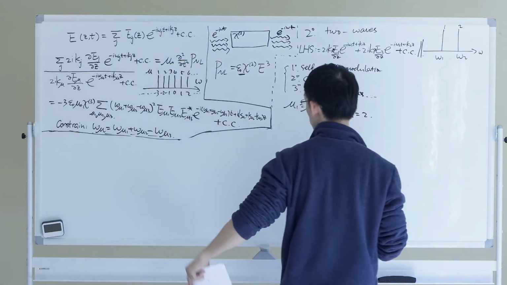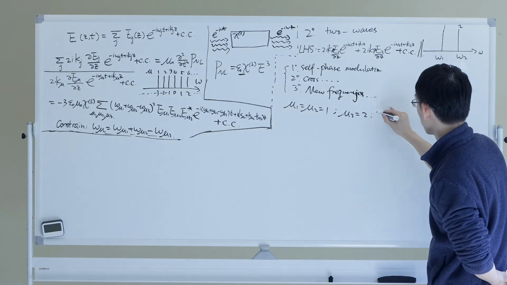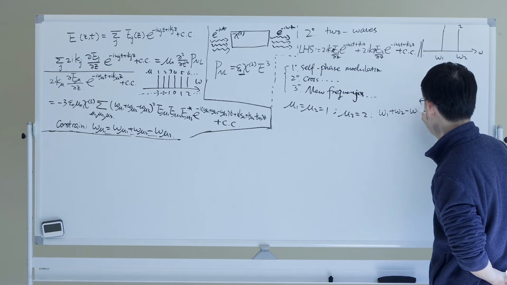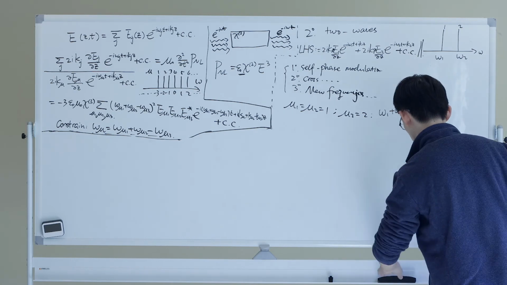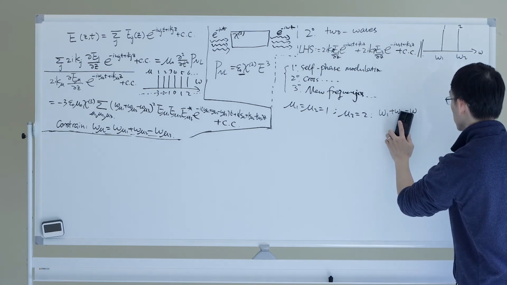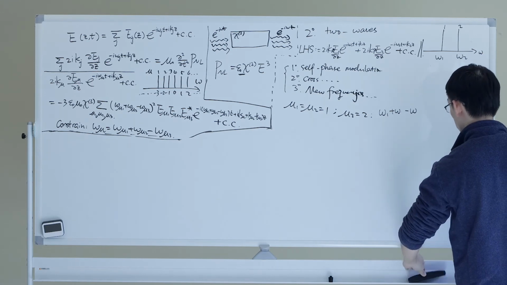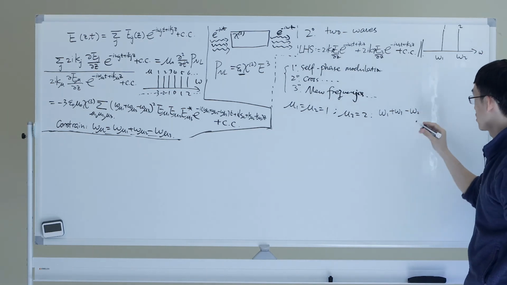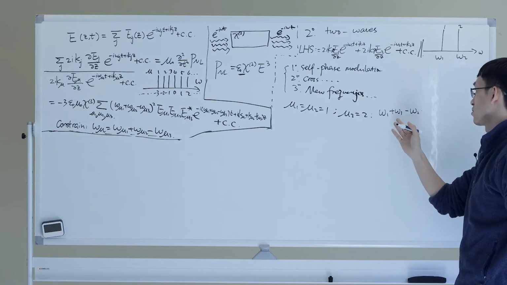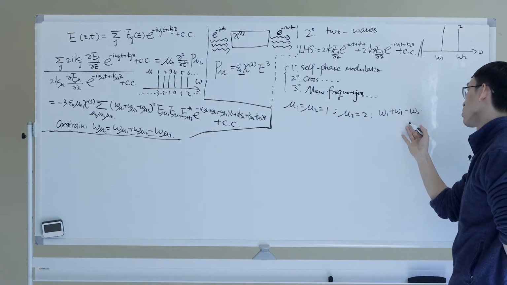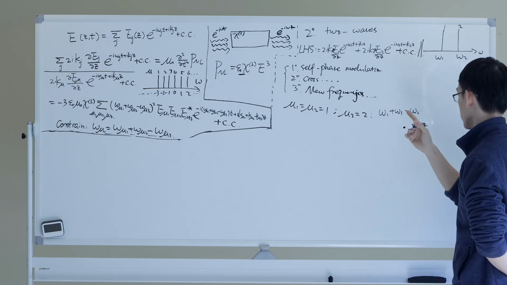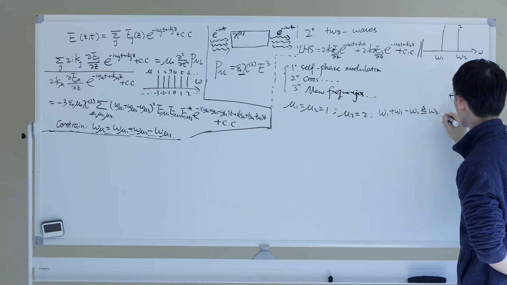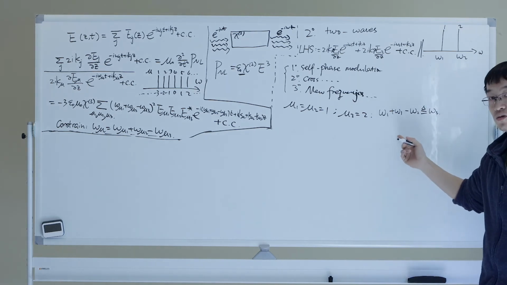So this produces a wave that has a frequency of omega 1 plus omega 1 minus omega 2. Apparently this doesn't equal omega 1 or omega 2, unless omega 1 equals omega 2 itself. So let's define this as omega 3. So you can generate new frequencies.